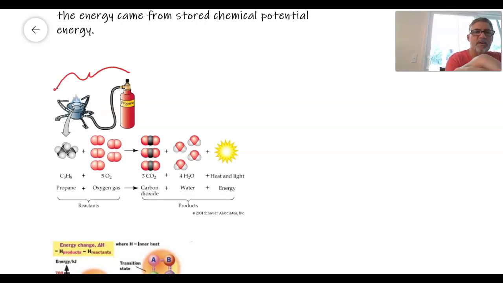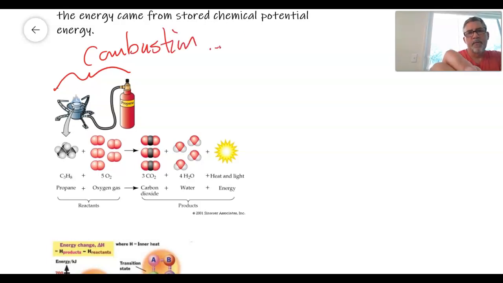Okay, so this right here is a combustion reaction. Remember, combustion reaction usually involves fire, right? That's a classic example of an exothermic reaction. So I've got propane, like you'd have in a camping stove, and oxygen, right? And I get carbon dioxide and water, and heat and light energy, right? That's a classic combustion.